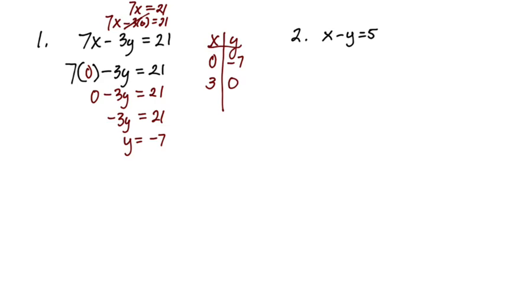And so again, I'll make an xy table. And in this case, it's pretty easy to pick an x and y so that when you subtract x minus y, you get 5. What if I let x be 5 and y be 0? 5 minus 0 is 5. Or we could say 6 for x and 1 for y.